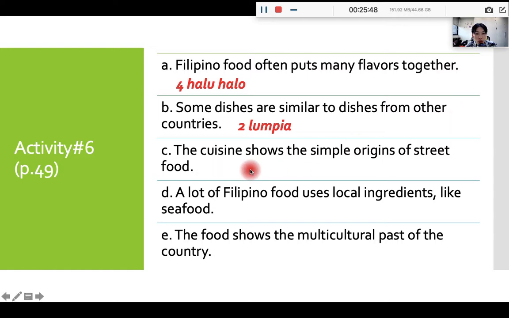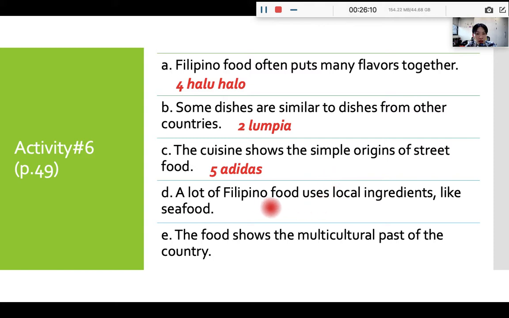C, the cuisine shows the simple origin of street food. Okay, so this should be Adidas, because you see the street vendor using every single part of an animal, for example, intestines. And it also shows us the origin is from poor people in the Philippines.